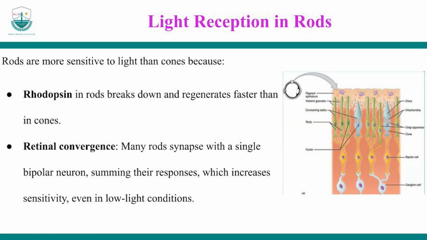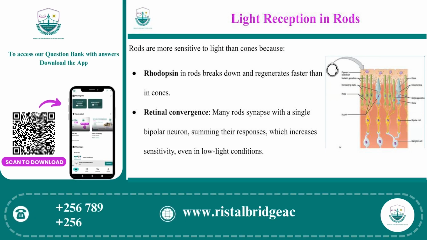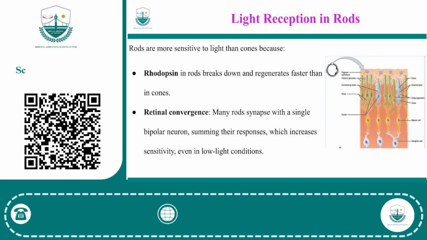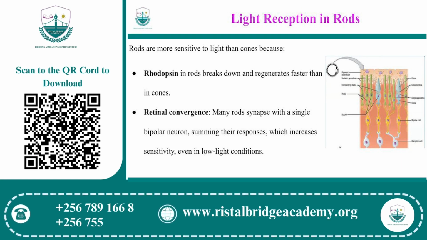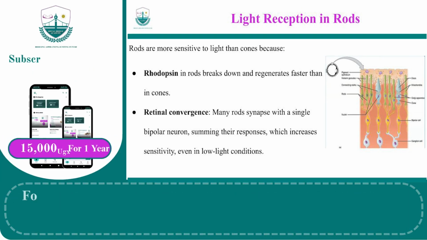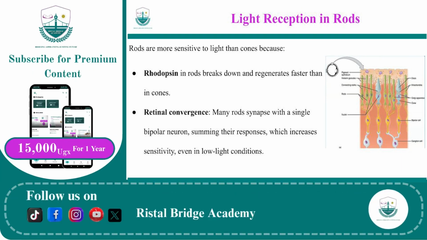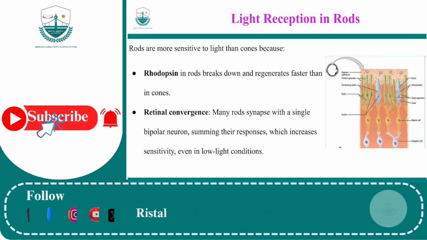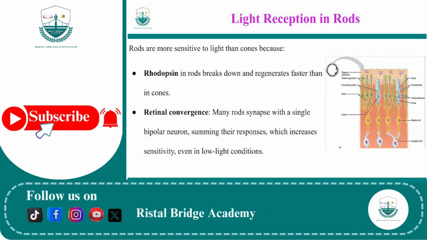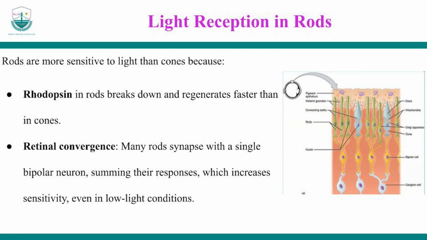So what are the key things to do with light perception in the rods? You can call them the characteristics of light perception in the rods. One is that rhodopsin breaks down after absorbing light, into its components.